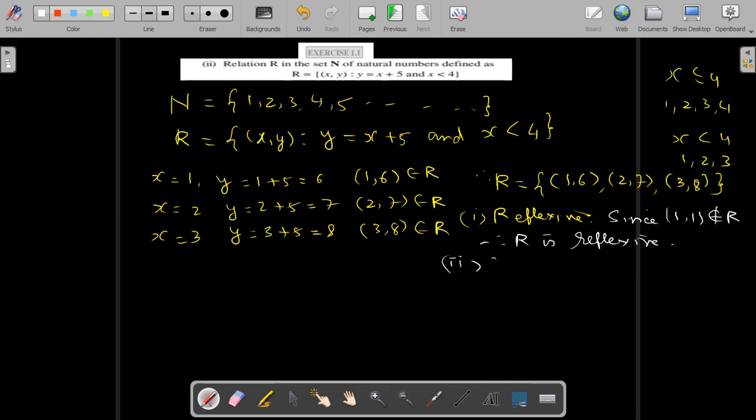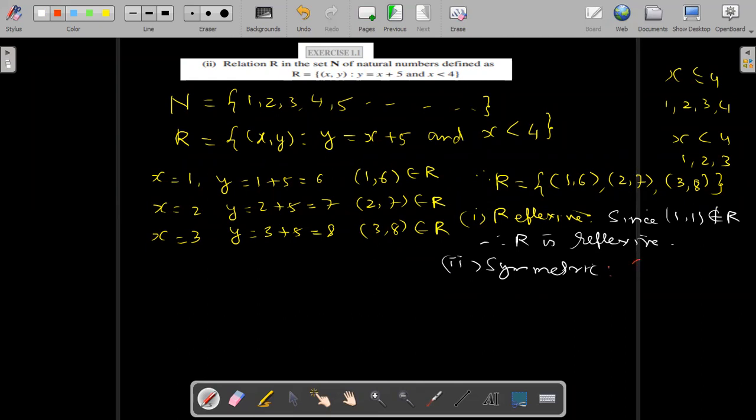Second condition is symmetric. So for symmetric, (1, 6) is there, (6, 1) is not there; (2, 7) is there, (7, 2) is not there; (3, 8) is there, (8, 3) is not there. So when (1, 6) is there but (6, 1) is not there, we cannot have symmetricity.